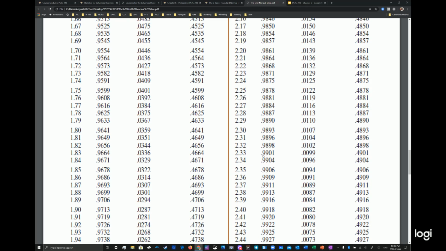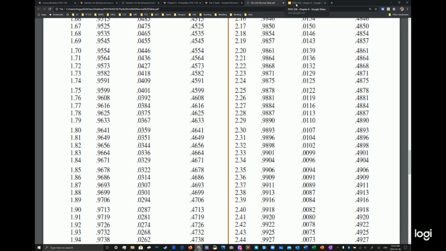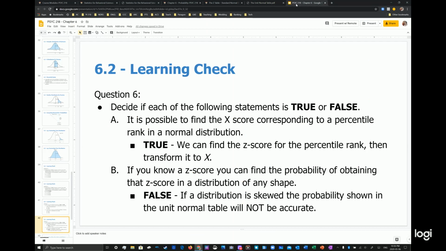The closest is 0.9901, so the Z score would be 2.33. Then you need the population mean and standard deviation to transform the score back to an X, and then you have your X.